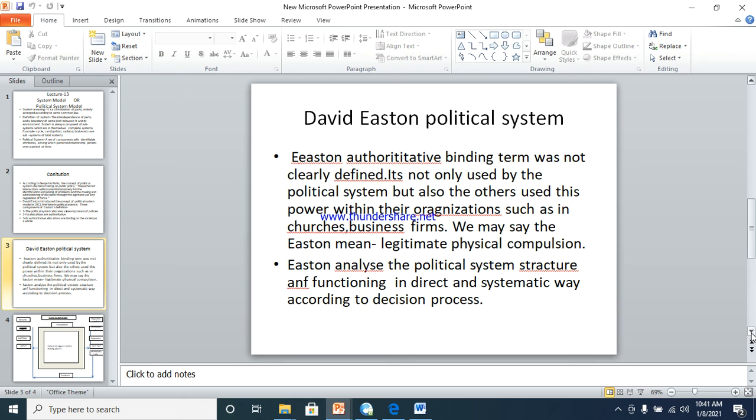On the next page, I have given the model of David Easton, who gave it for the policy making process.